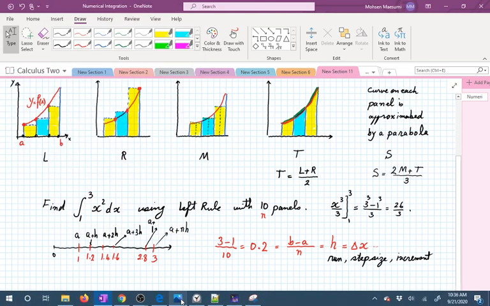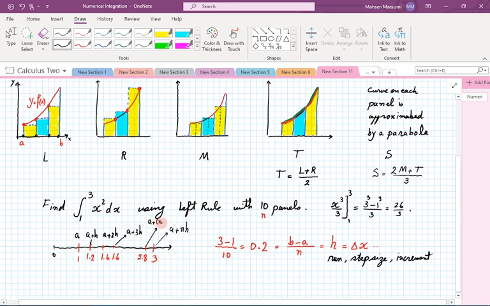Let's remember it, that is a plus n minus 1 times h. So in general, the sequence of points that you have can be written like this. If you want a formula for it, you can write it like that. But in practice, you have specific numbers. Like I went from 1 to 3 in steps of 0.2, so I have all these decimal numbers going to that point.